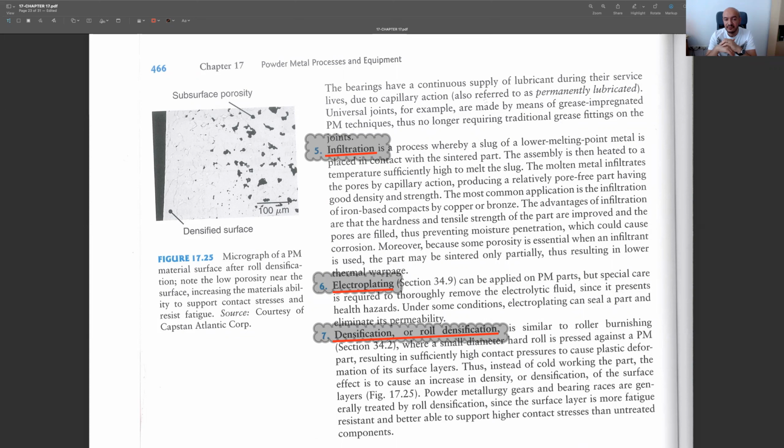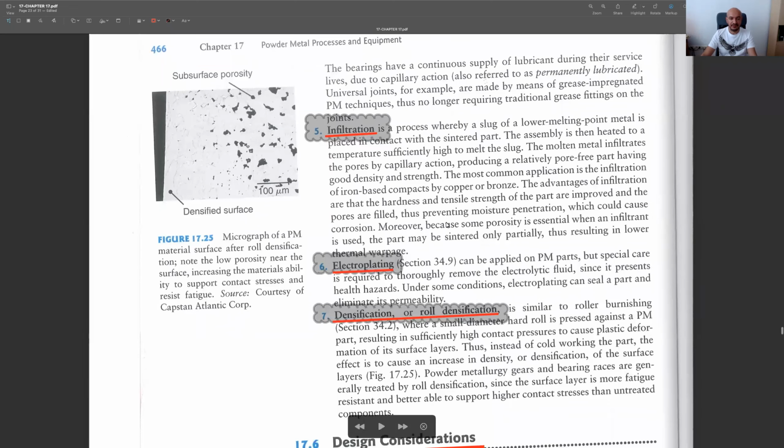Once you increase the temperature above the melting point of the secondary material, this secondary material will be in liquid state, but our original powders will be in solid state. Later, again due to the capillary reaction, the secondary material will fill all the cavities, and you will be increasing the overall density and overall mechanical properties like the hardness of your part.